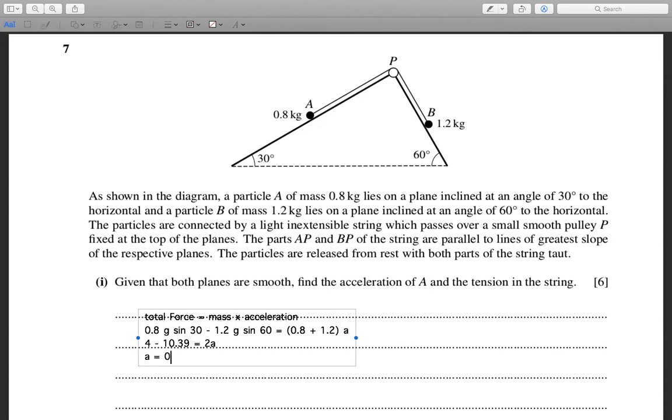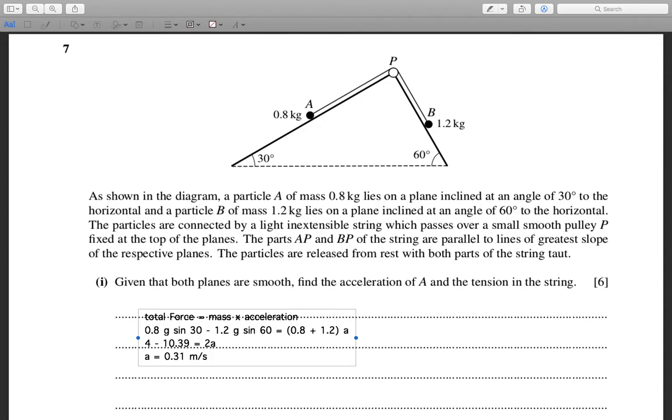The acceleration is 0.31. If we use this equation, we get the negative sign, which is the direction of the movement of the system: clockwise.